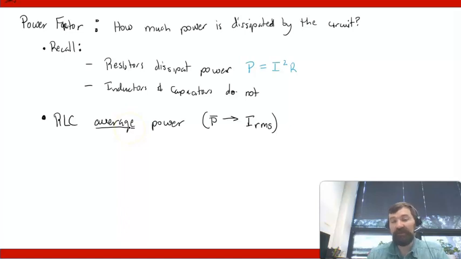Thus, we're looking at the RMS current, and so we would say P average is I_RMS squared times R.